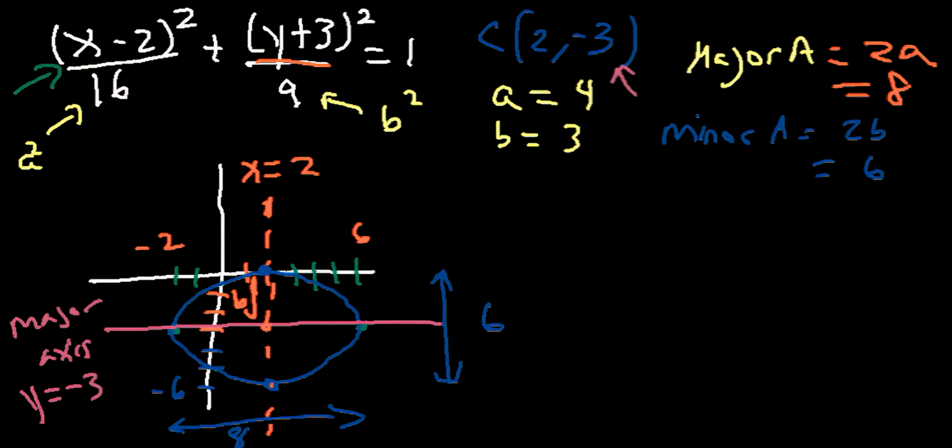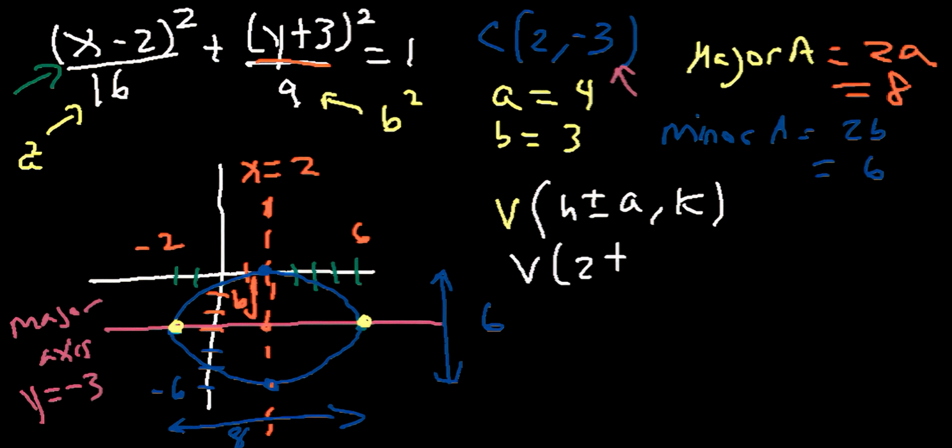Now, if you want to find the endpoints of the major axis, since you already graphed it, you can see that it's going to be -2, 3 and 6, 3. But if you wish to find it from the center, the endpoints of the major axis are basically the vertices. For this particular example, it's h plus or minus a, comma k, because a is along the major axis, which is horizontal. So we add and subtract a to the x coordinate of the center.